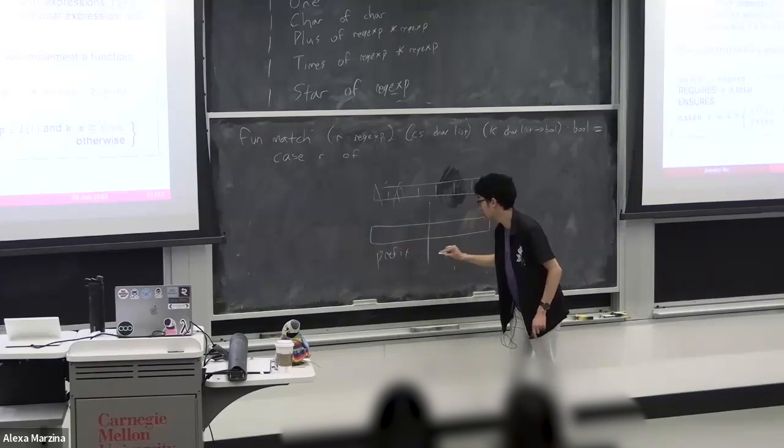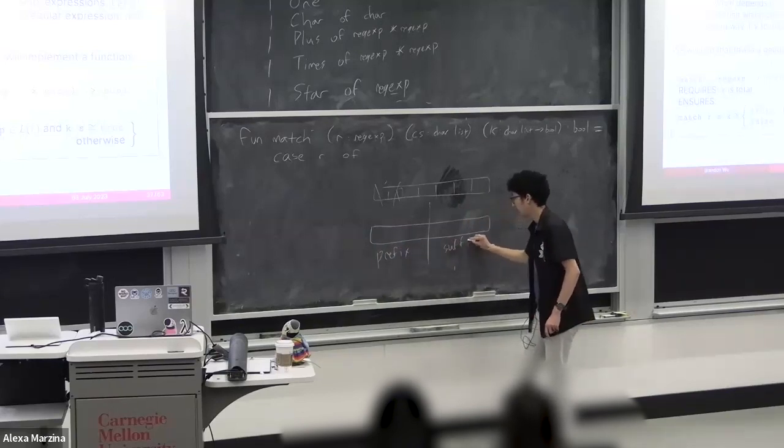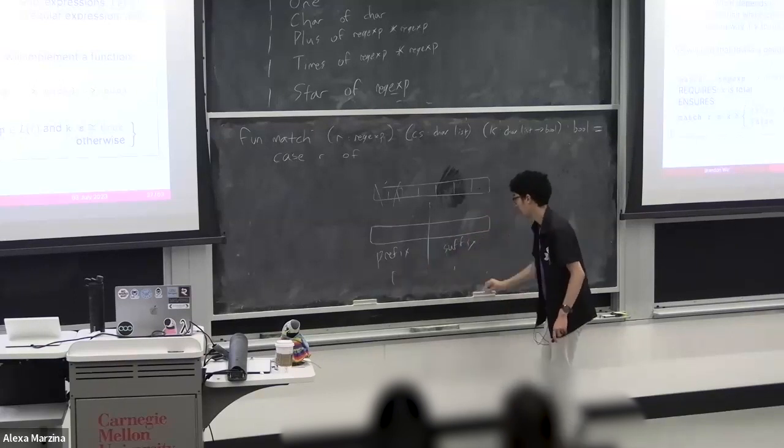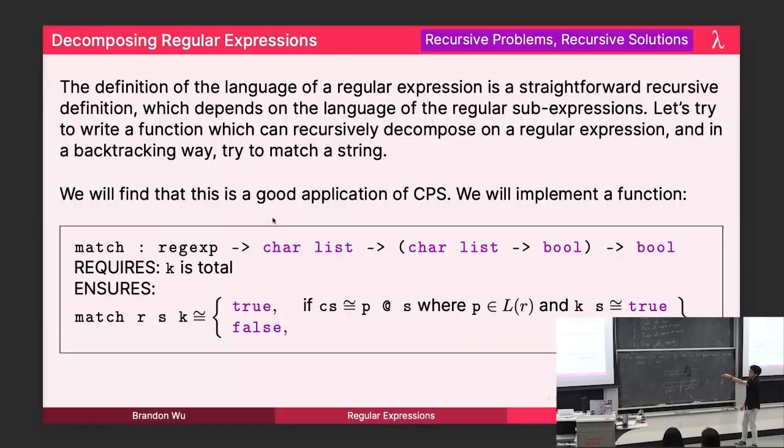The match should only succeed if the prefix is matched by R and the suffix is satisfied by K. That means that the prefix is in the language of the regular expression R, and the suffix succeeds with the continuation. Don't ask why this is. We're just going to do it, and then it's going to work out really well. I really can't motivate this to you other than telling you this is what it does.